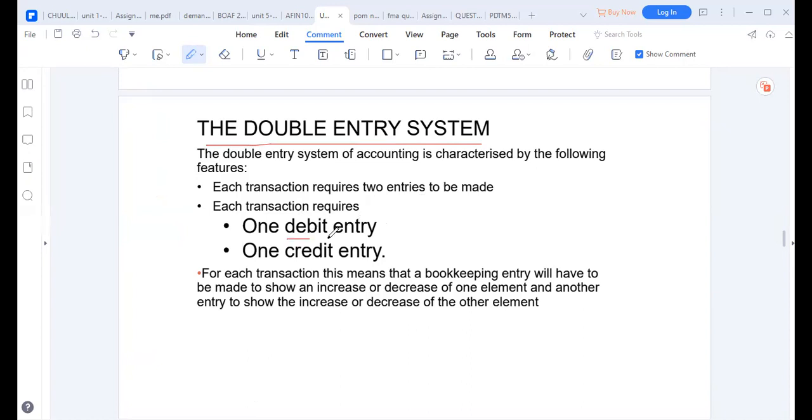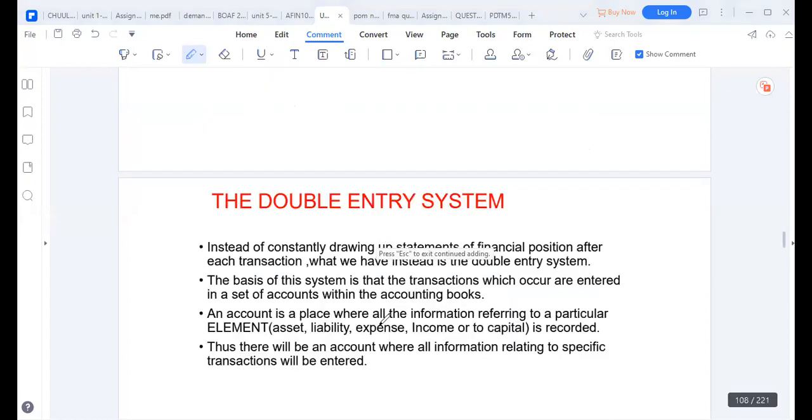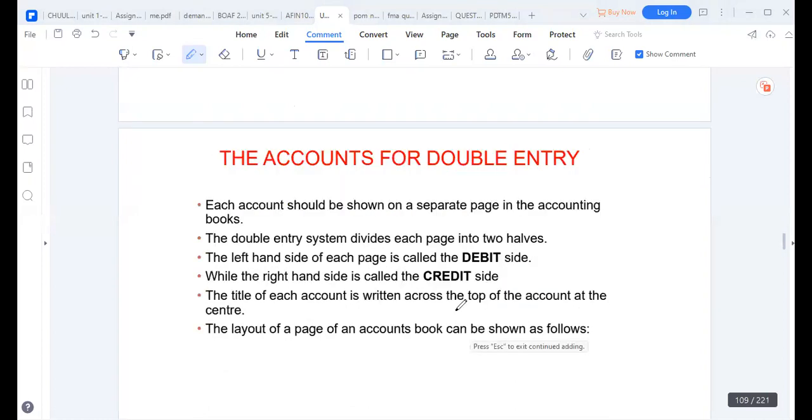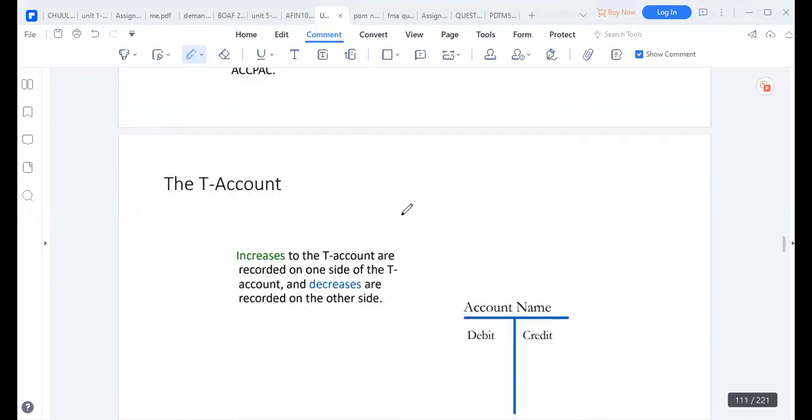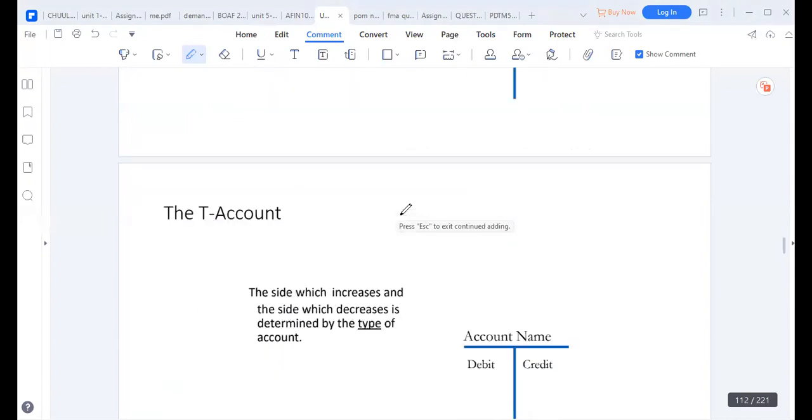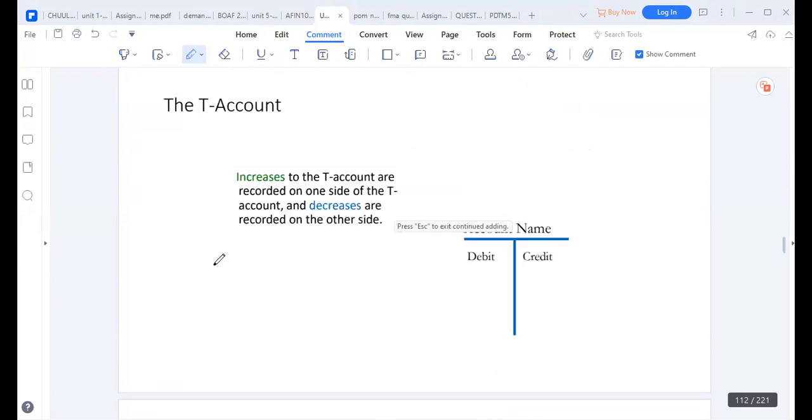One is a debit entry, the other one is a credit entry. So for each transaction, we need to identify what account will be debited and what account will be credited. We're going to look at a few examples that will help us fill the T account. So let's look at the concept of PAIRS. I said PAIRS stands for what?